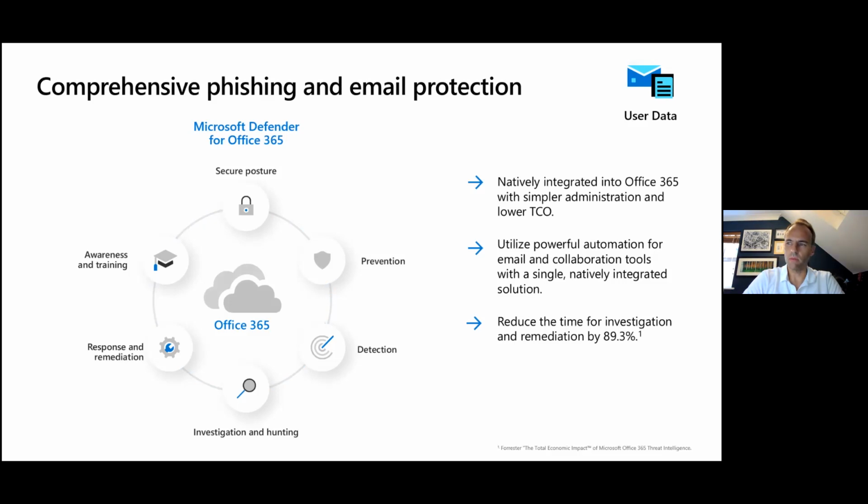So when emails come in with malicious URLs, it'll wrap those. When a user clicks on it, it'll check it against malicious sites and hopefully prevent the user from clicking through to it. And same goes for attachments. Move those off to like a sandboxed environment, detonate them, see if there's any malicious code running on them. And then, if you look across, there's also the ability to kick off automatic investigation and remediation capabilities.